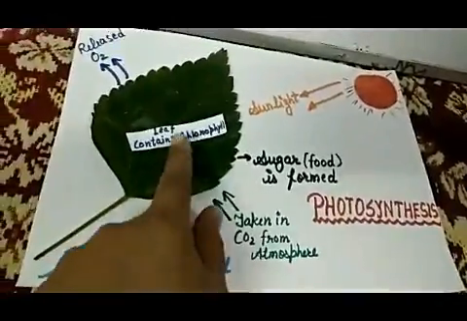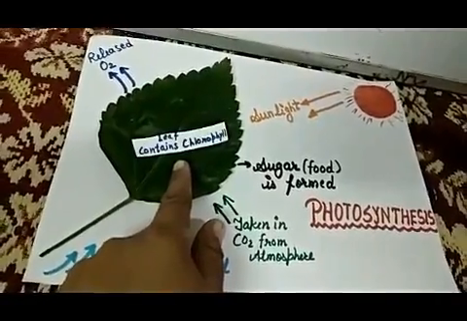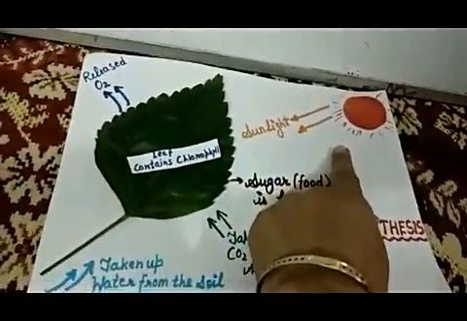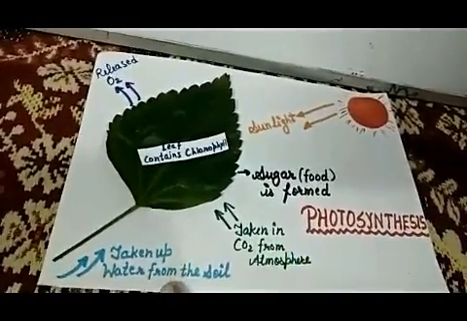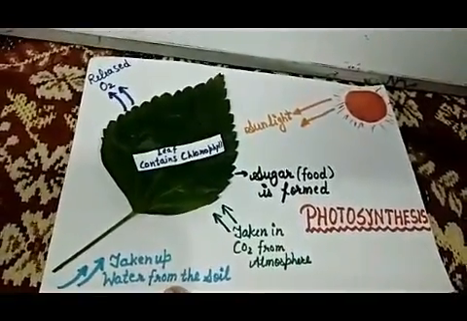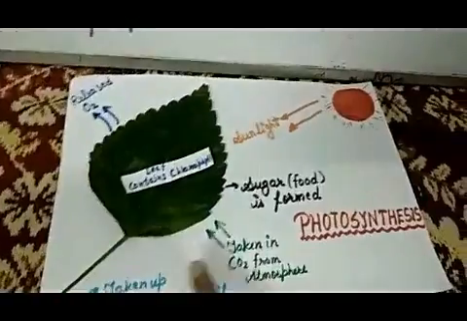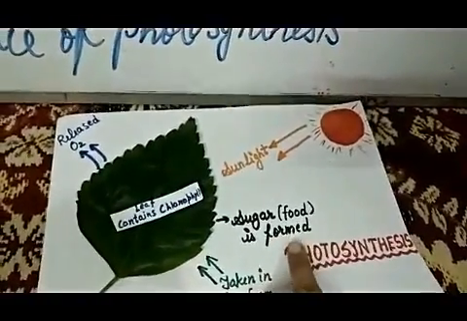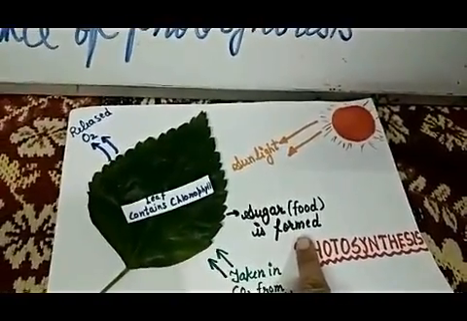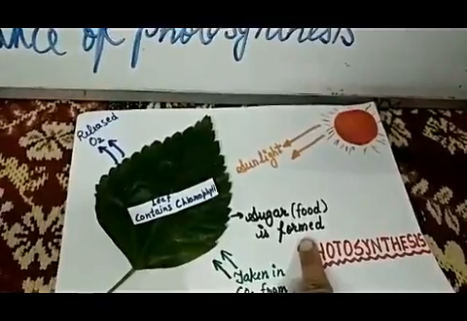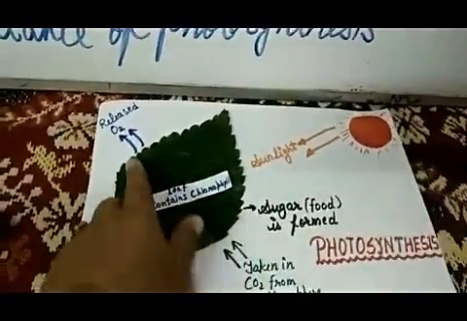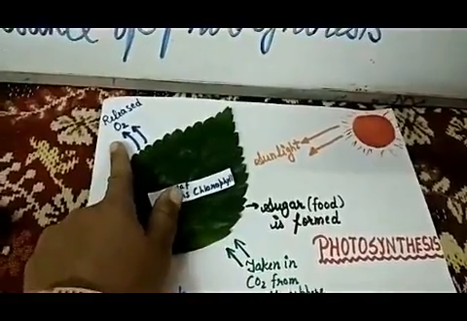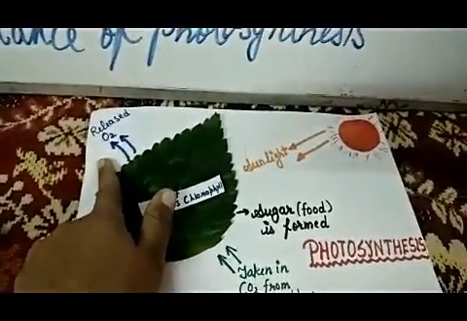The chlorophyll-containing cells of leaves, in the presence of sunlight, use carbon dioxide and water to prepare food. The food prepared is in the form of carbohydrates, sugar. These sugars ultimately get converted into starch, another carbohydrate, and oxygen is also released, which we use in the process of respiration.